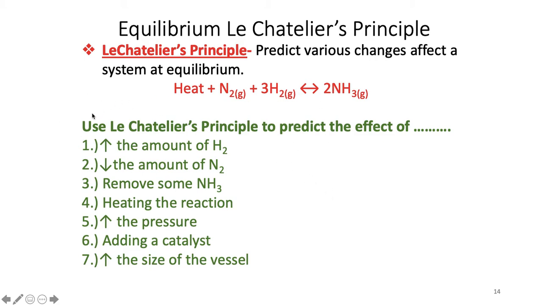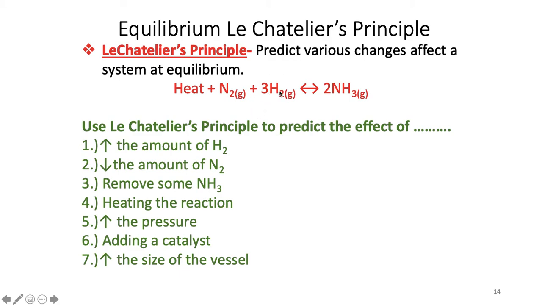Let's use Le Chatelier's principle to predict the effect of the first case, increasing the amount of H2. If I increase the amount, which means I'm adding more product, Le Chatelier's principle states that the reaction is going to proceed in the direction that will remove the product. It's the opposite of what I do.